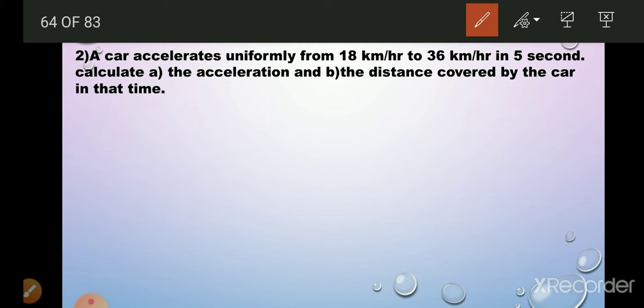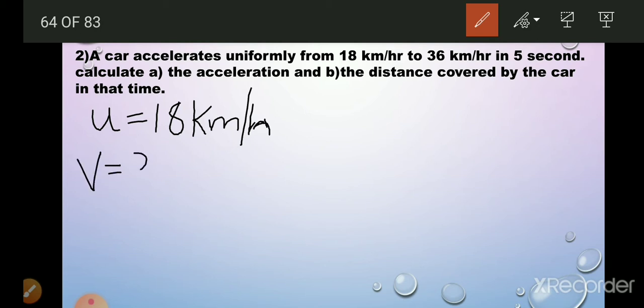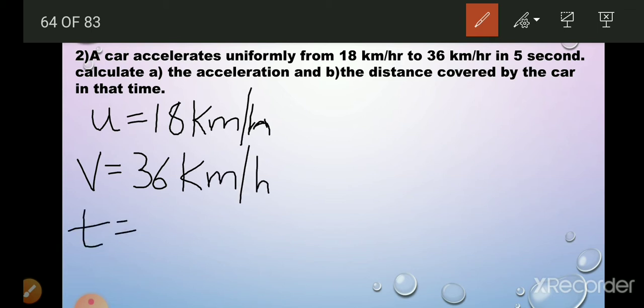Initially u is equal to 18 kilometer per hour and final velocity is 36 kilometer per hour. Time is given, 5 seconds. We have to calculate the acceleration and also the distance travelled s.